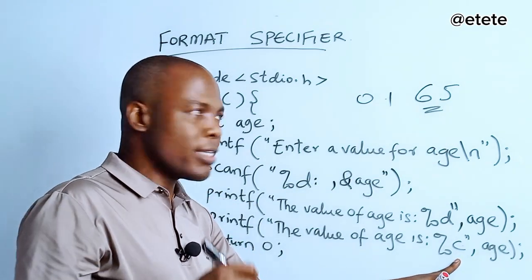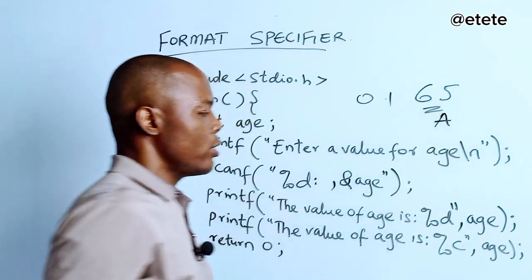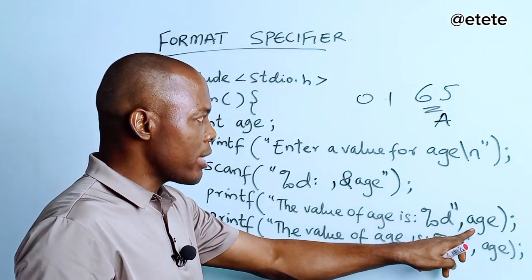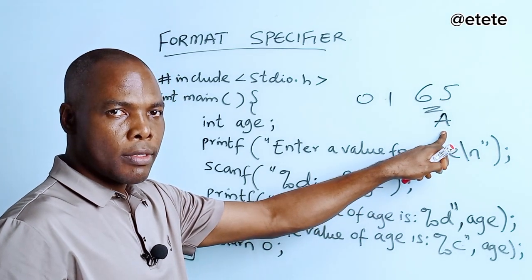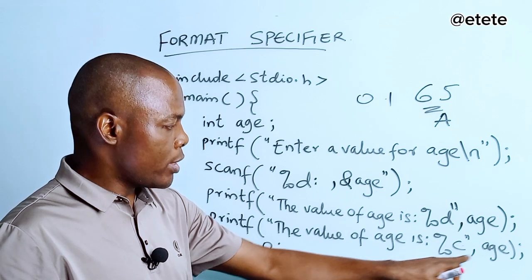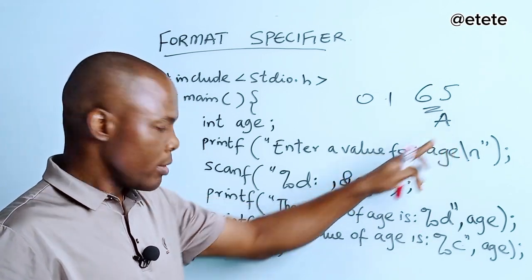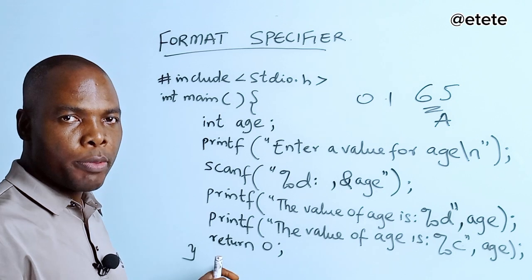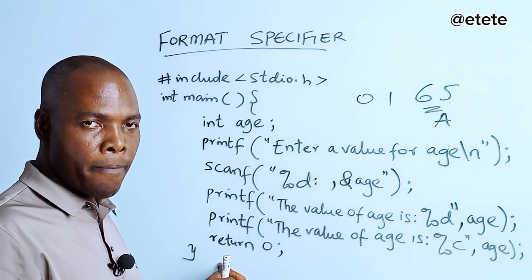And the ASCII form for 65 is A. So this one will print out 65, while this one will print out A. Because it's going to this rem to get the key for this one. And that will be what? A. Then it will return back to the operating system that I've completely executed my code without any error.